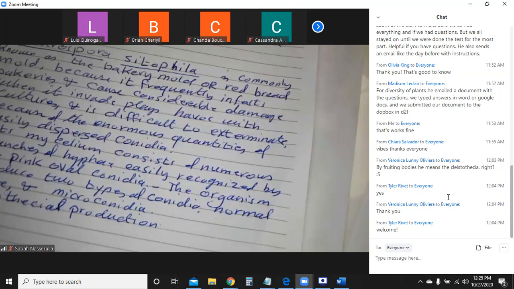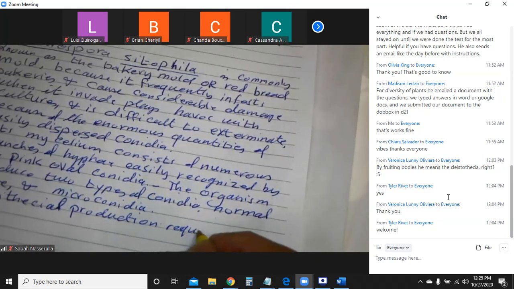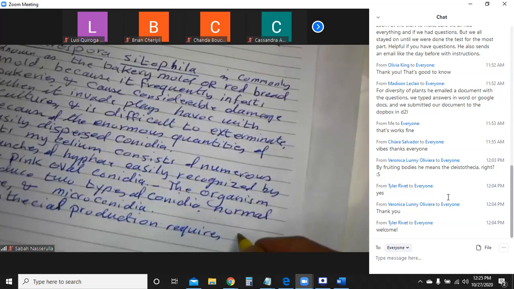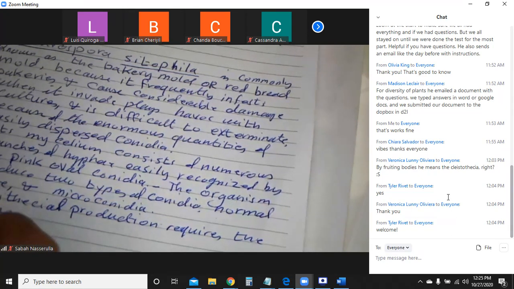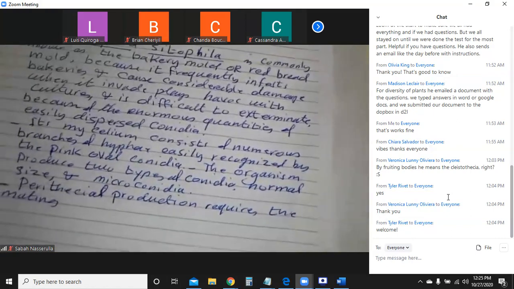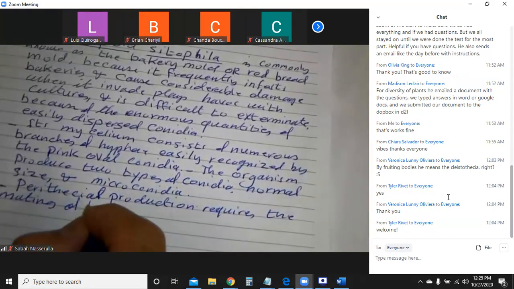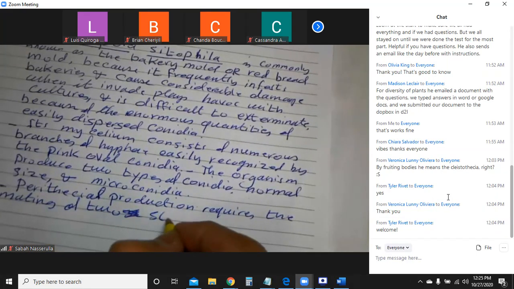So the perithecia formation requires the mating of two strains. Just to mention it here.